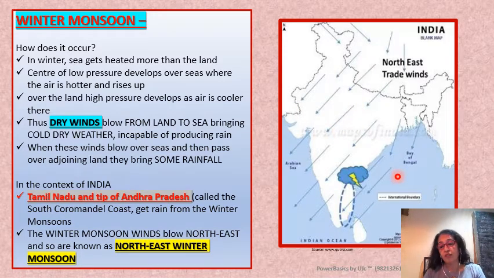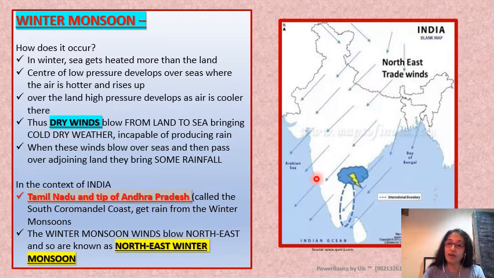Now, do winds that blow from land have moisture? No. So, dry winds blow from land to sea, bringing cold, dry weather incapable of producing rain. They can't produce rain. These winds that blow from the land, northeast, originate from the northeast trade winds.